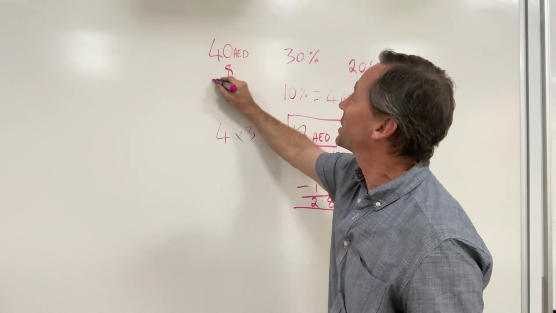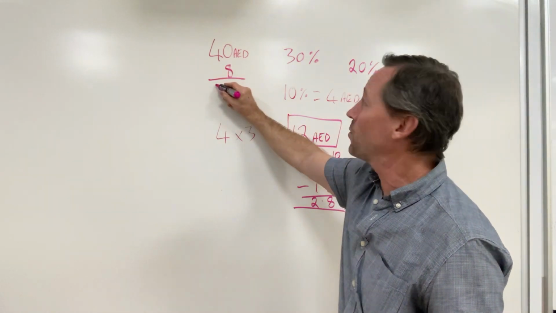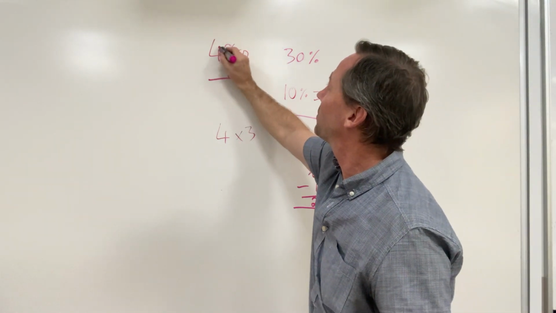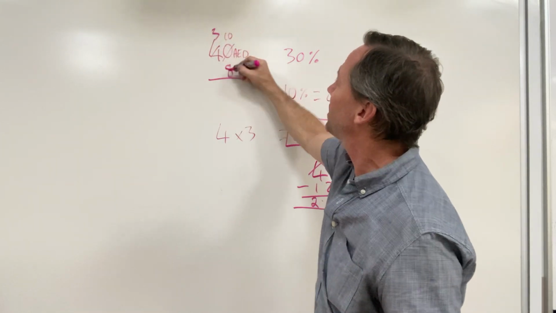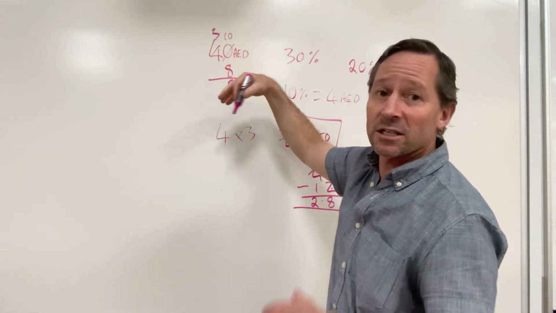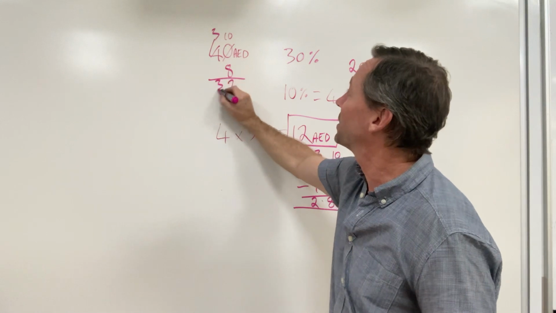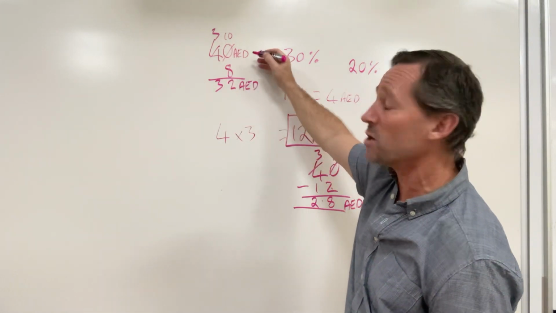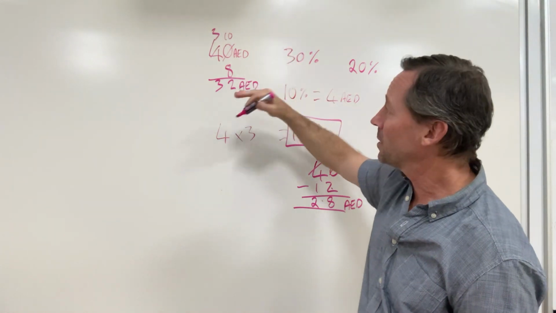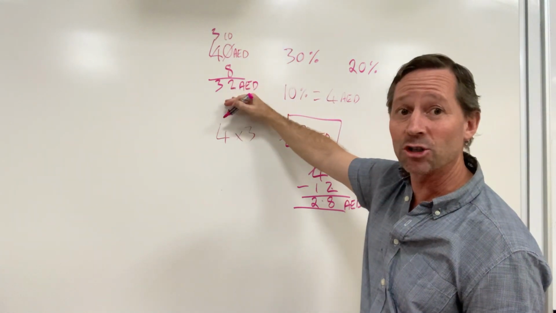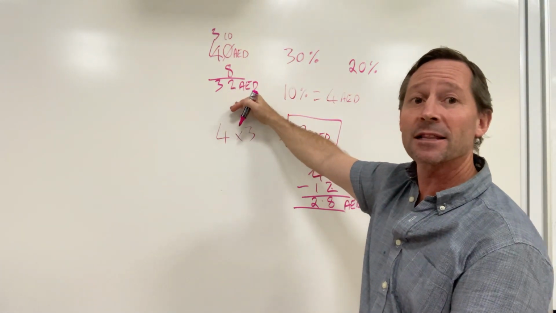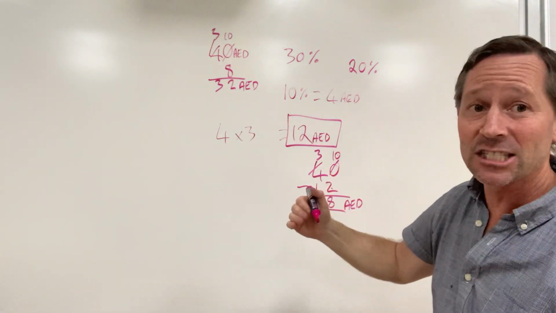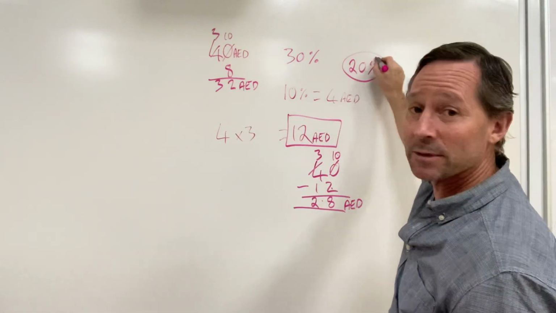So 40 minus 8: this would become 3, this would become 10. 10 minus 8 is 2. 3 minus nothing, 3. So my new price of pizza that was 40 dirham is now 32 dirham. That's my new price that I'm going to pay. The savings is 8 dirham based on 20%.